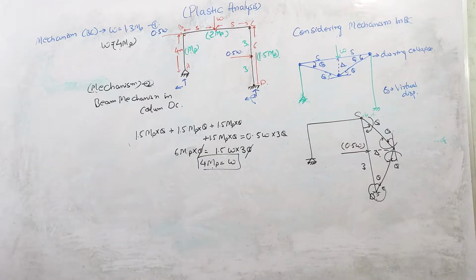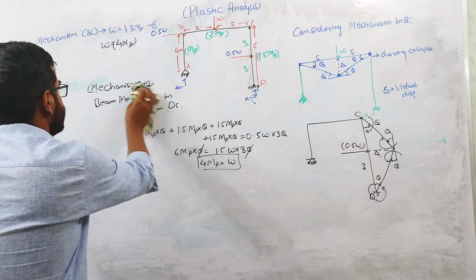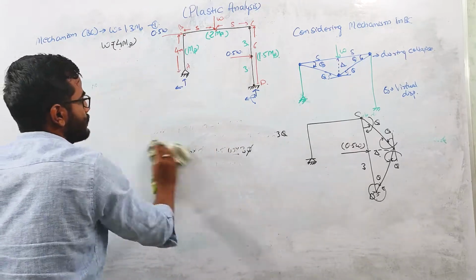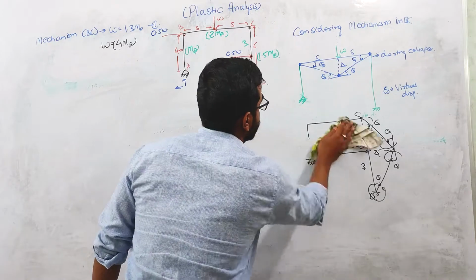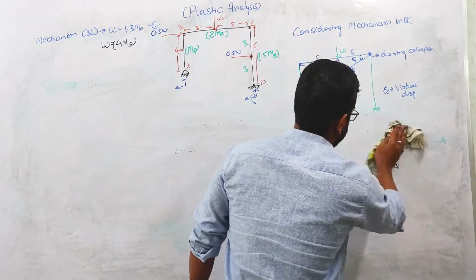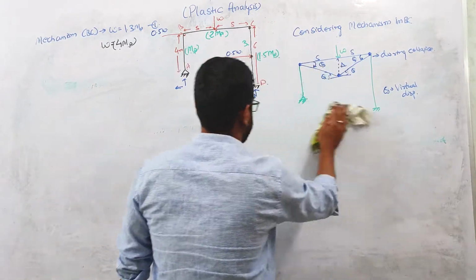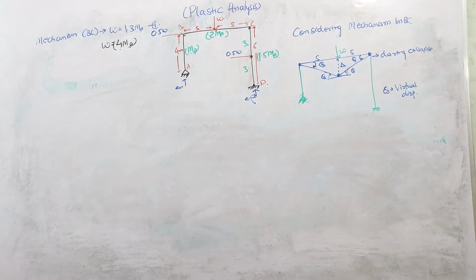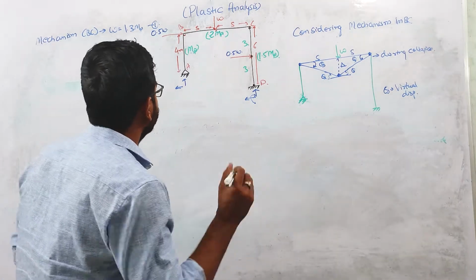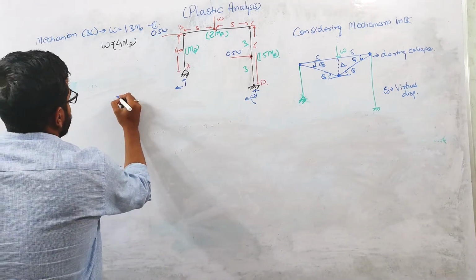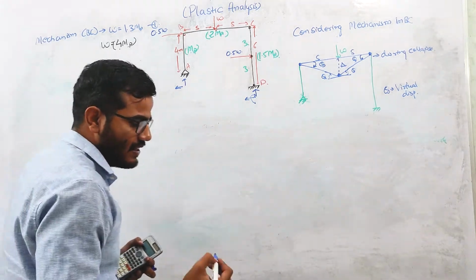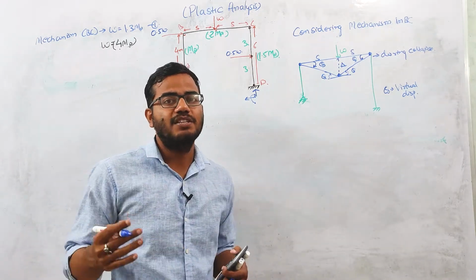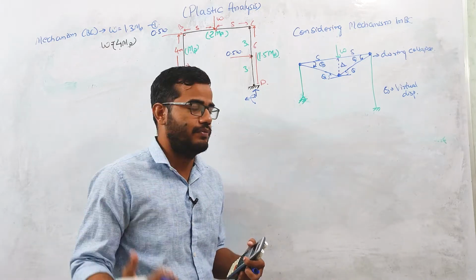So now let us come to mechanism 3, which is the sway mechanism. Sway will take place in the whole structure. As we have discussed in the last lecture, in sway mechanism, or you can say panel mechanism, the plastic hinge will form at the top and the bottom of the columns.